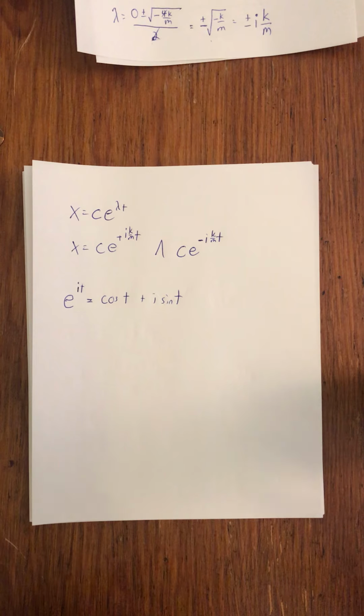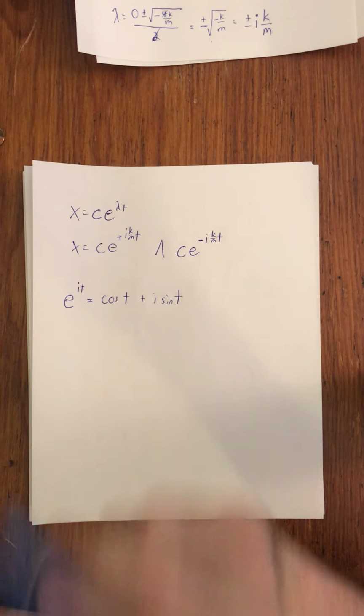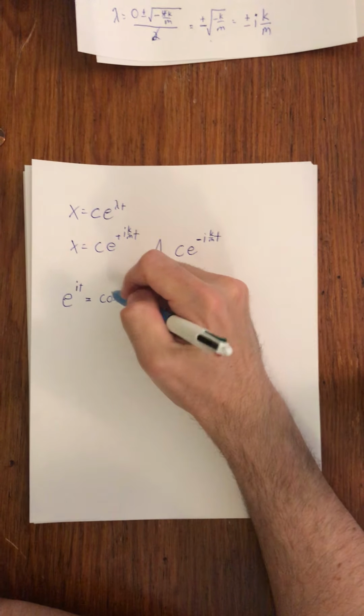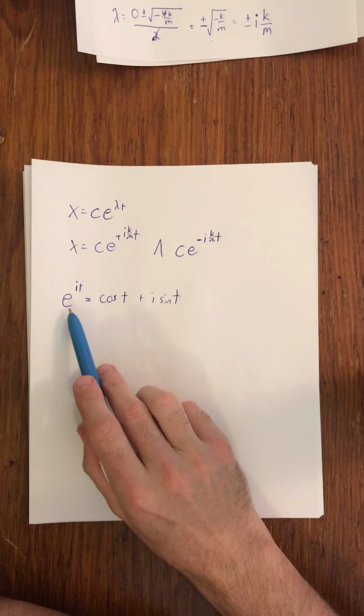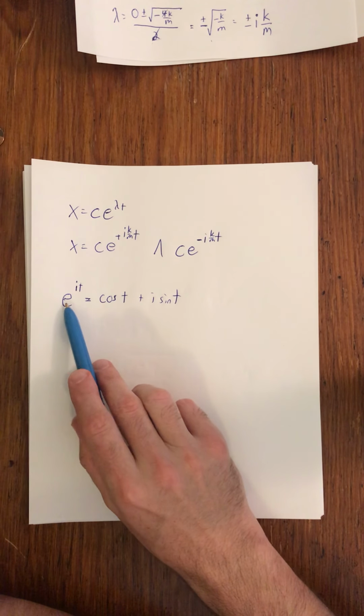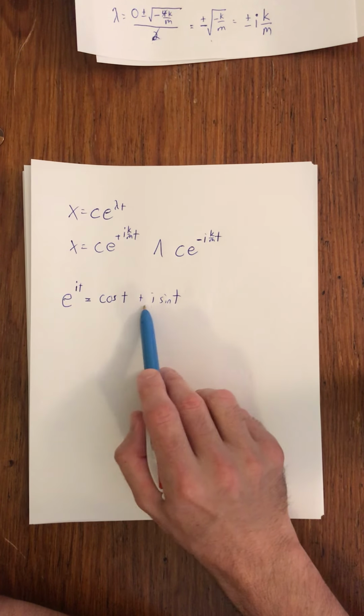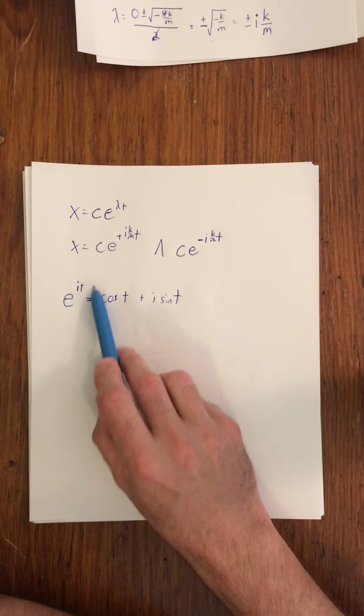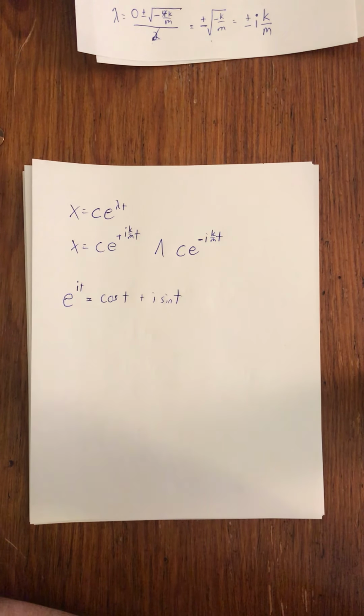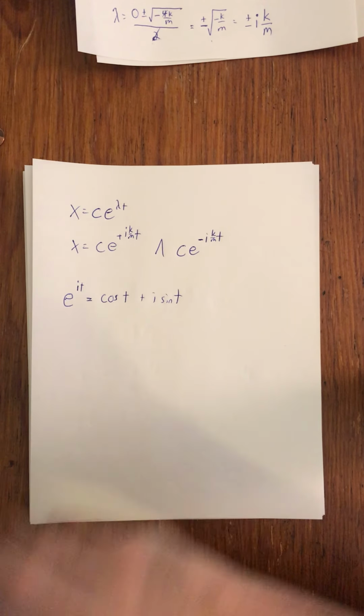We actually proved that, if you remember, because we looked at the Maclaurin series expansion of cosine of t and of sine of t, and of e to the i t, in order to get that.